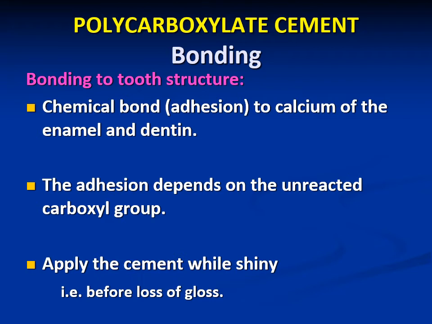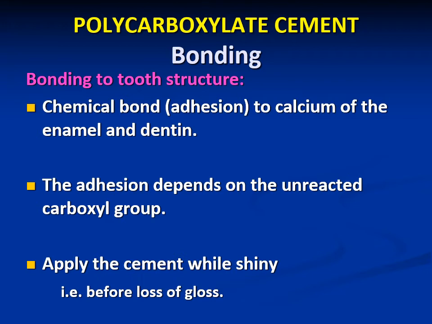The adhesion to the tooth structure depends on the unreacted carboxyl group, because the adhesion occurs between the carboxyl group of the liquid with the calcium of the tooth structure.